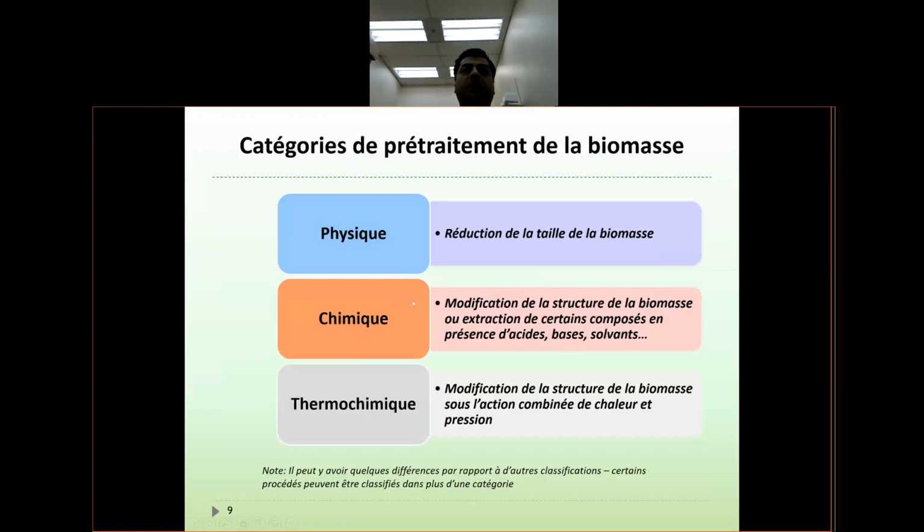In thermochemical processing, usually they want to modify the structure of biomass with the combination of heat and pressure. Of course, there is a fourth method of pre-treatment, which is biological pre-treatment. In other words, they add bacteria, for example, to biomass to preserve it for specific applications downstream.